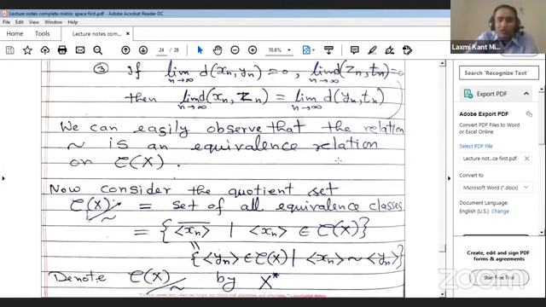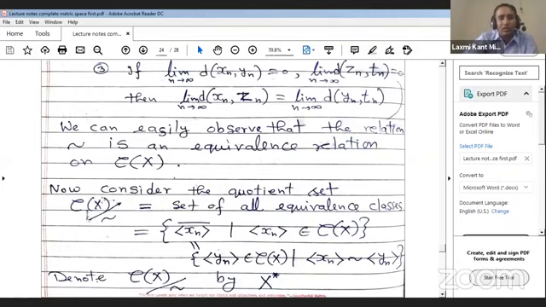Next, this relation tilde is an equivalence relation on C(X). This is also quite easy, and it can be proved using the previous observations 1 to 3. You have to prove it; I am not going to prove it here. Now consider the quotient set.